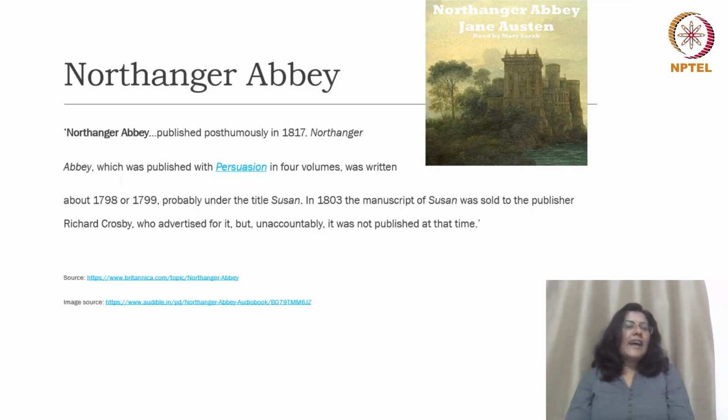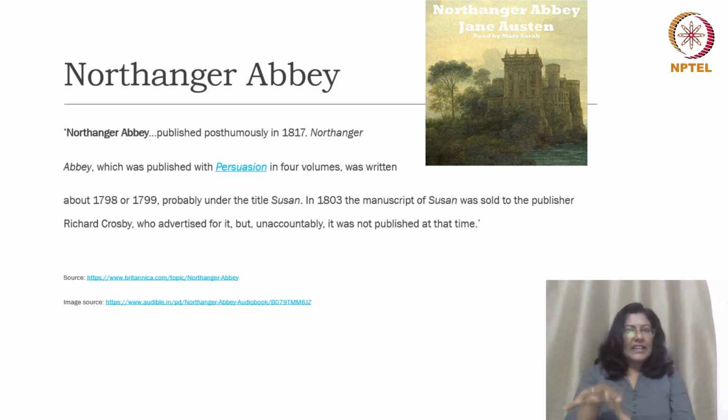Northanger Abbey was published posthumously in 1817. It was published with Persuasion, as I said, in 4 volumes, and was probably written about 1798 or 1799. So it's a late 18th century work, but it remained unpublished until after the death of Jane Austen. In 1803, the manuscript of Susan was sold to the publisher Richard Crosby, who advertised for it, but unaccountably it was not published at that time.